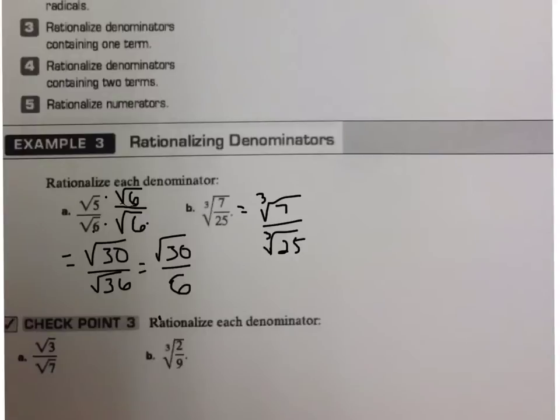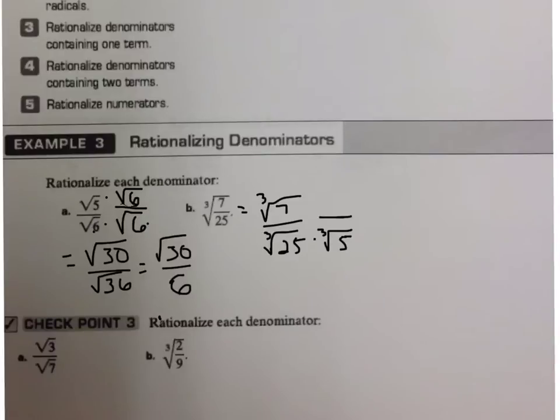And then we're going to have to find a perfect cube that 25 goes into. It just happens to be 125, and in order to get 125, we're going to have to multiply by the cube root of 5. When I multiply the cube root of 25 times the cube root of 5, I get the cube root of 125, and that'll work.